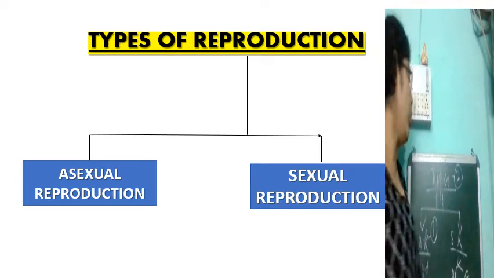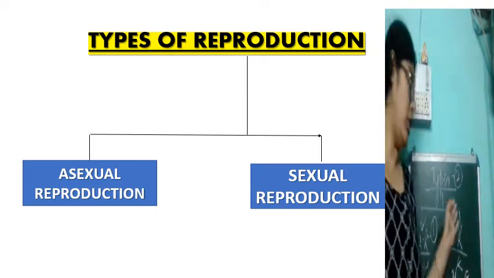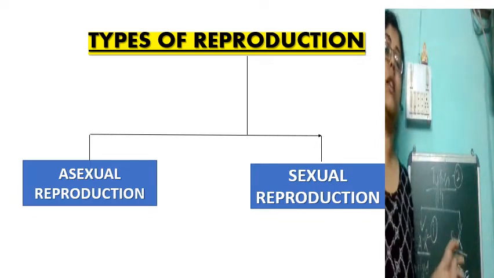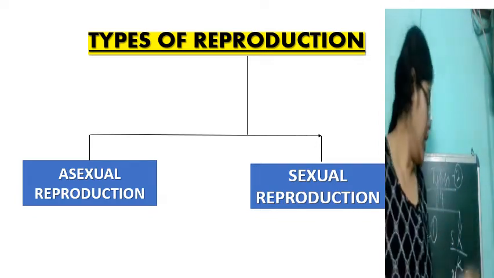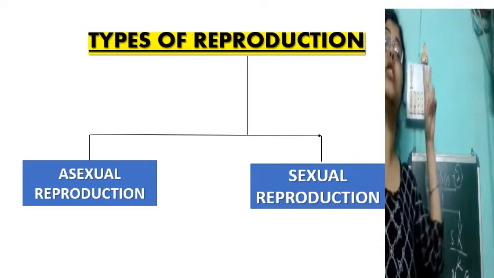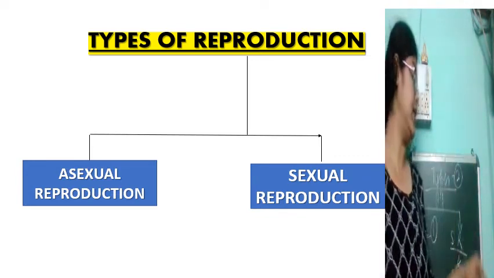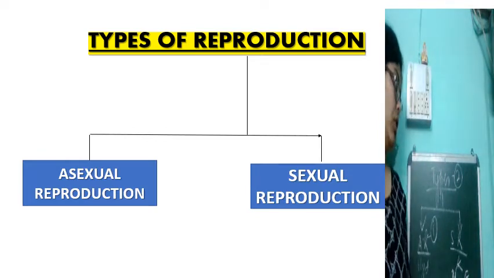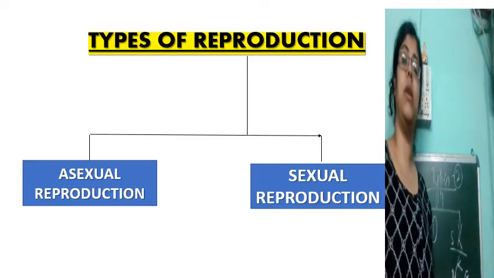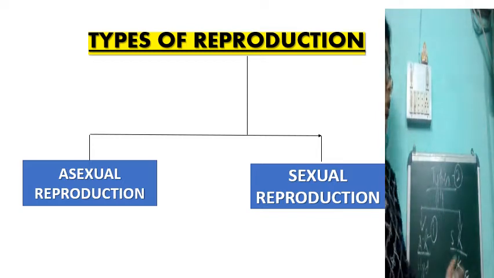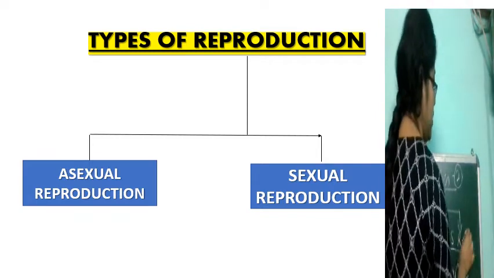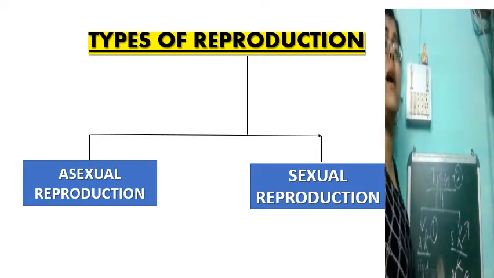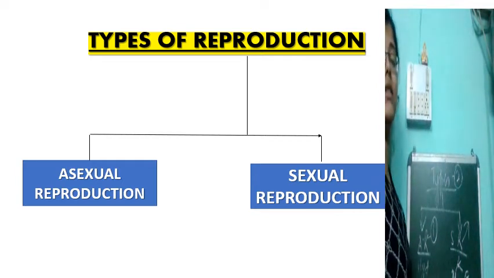Okay, so in this module of sexual reproduction, we can define it as the mode of reproduction in which two gametes are involved, that is the male gamete and the female gamete. The male gamete is known as sperm and the female gamete is known as ova or ovum, you can say. Okay, so now if someone asks you what is the example of sexual reproduction, you can say we humans.